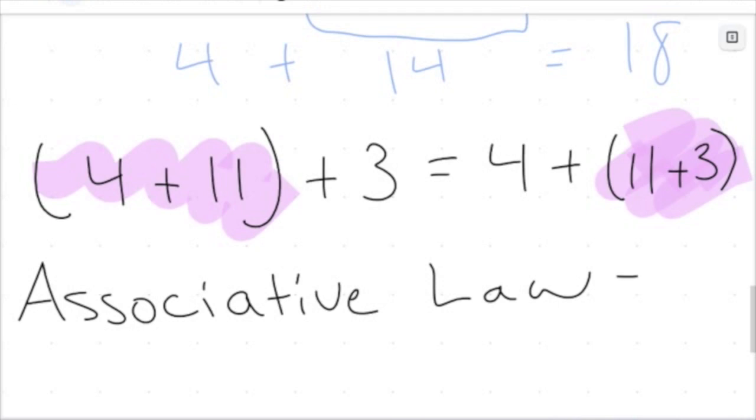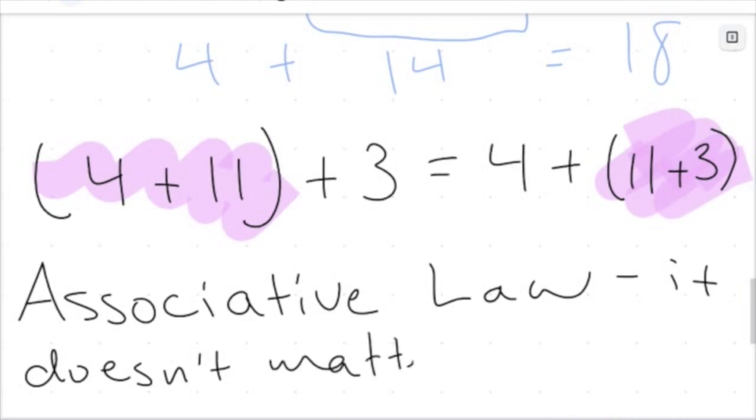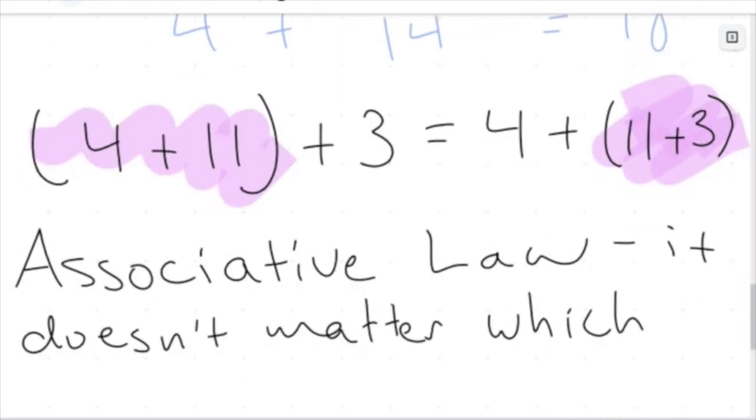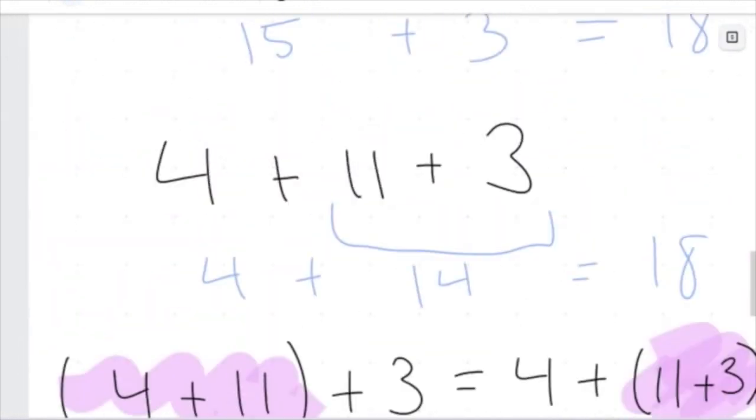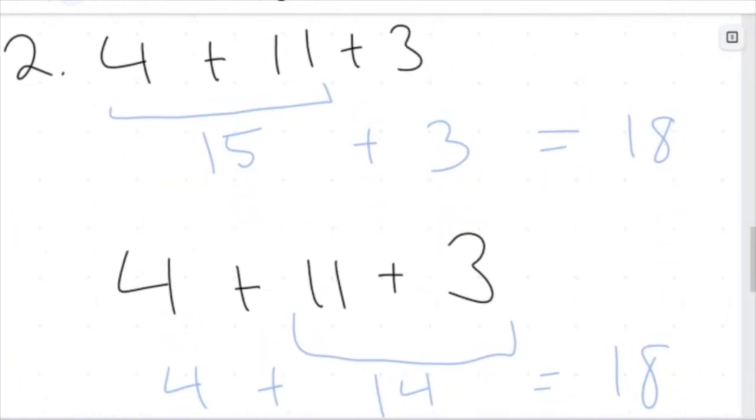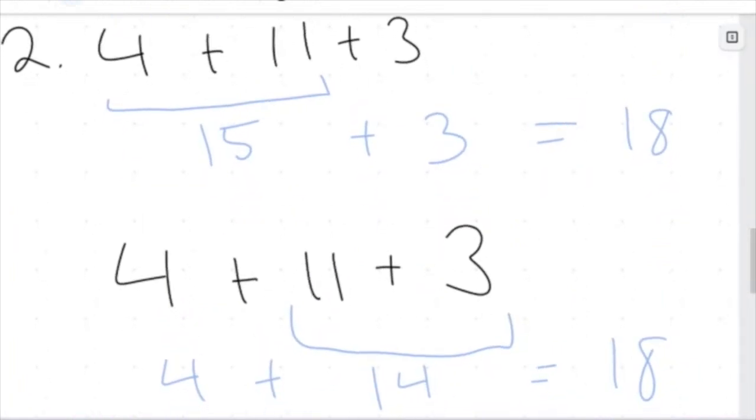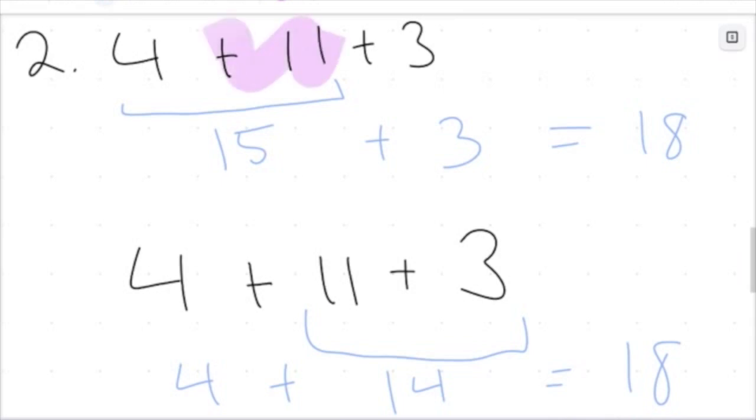So this law just tells us that it doesn't matter which pair we add first. So see, we split these three additions into pairs first. So we had these two numbers. A pair just means two, and another pair here.